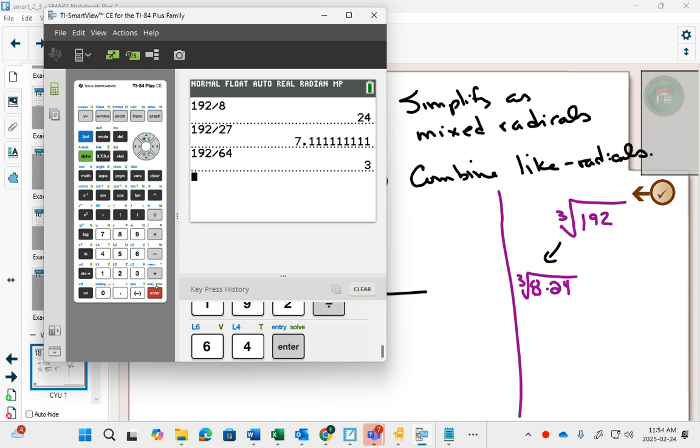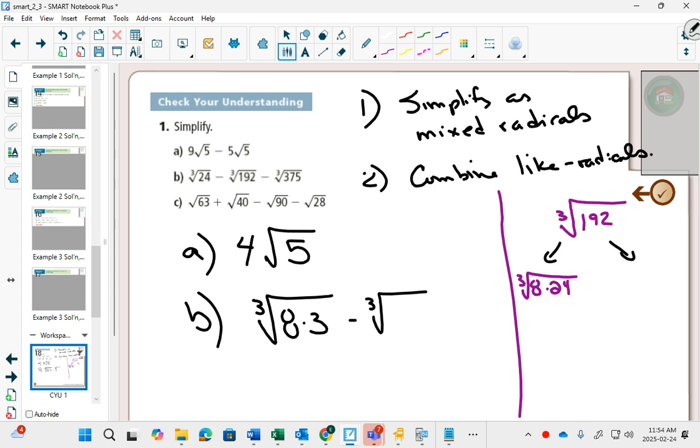So that gives us a secondary option here that we could have also done: 64 times 3. Is one better than the other? Maybe. I kind of like the second one because when you cube root 64, you get 4 cube root of 3. If you do the first one, when you cube root 8, you get 2 cube root of 24.